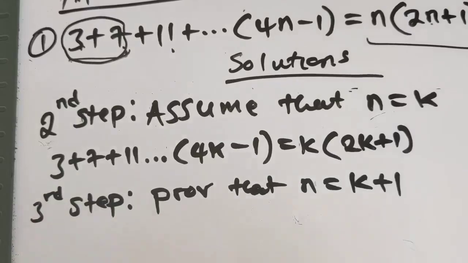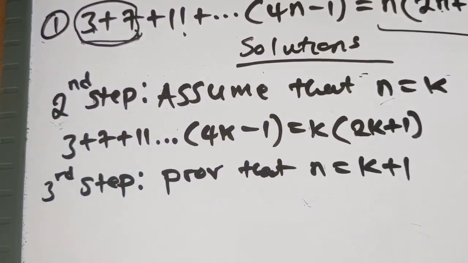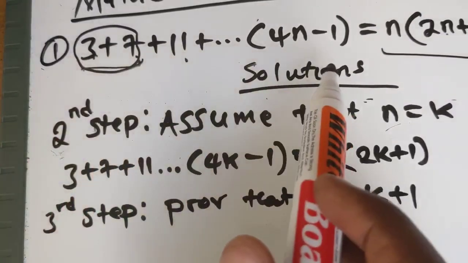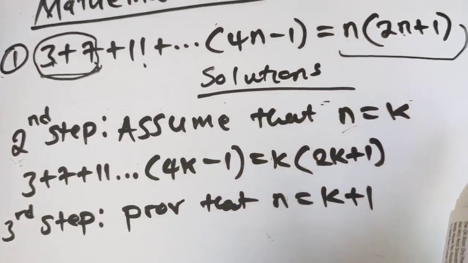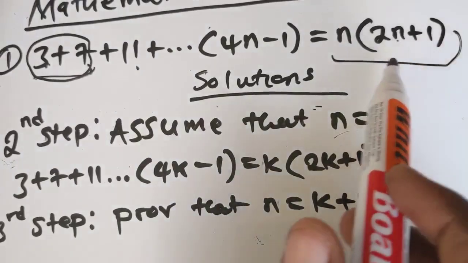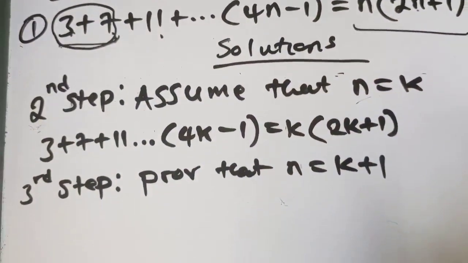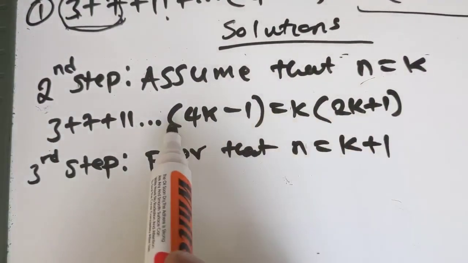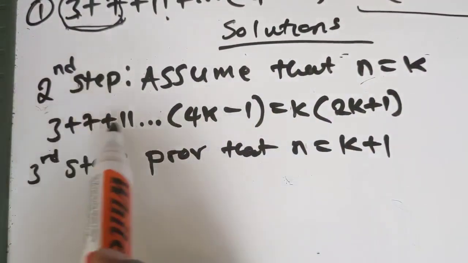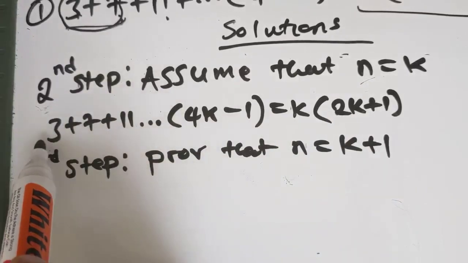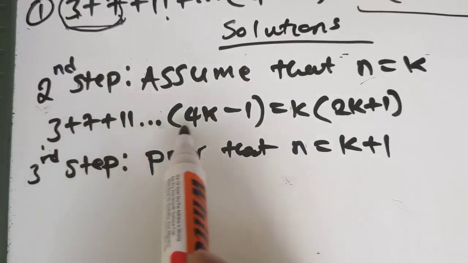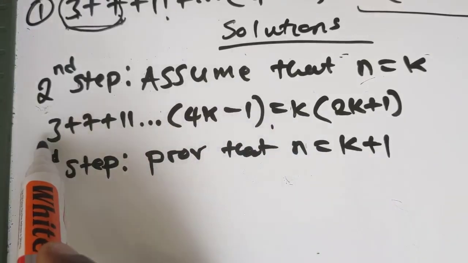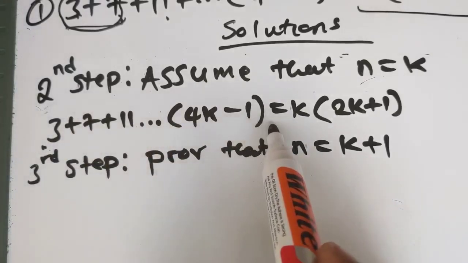In the third step, what do you do from here? You copy this statement, the one that you have assumed, from this point to this point. That's the first thing to do.